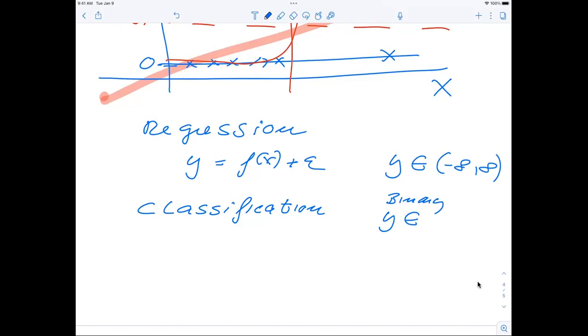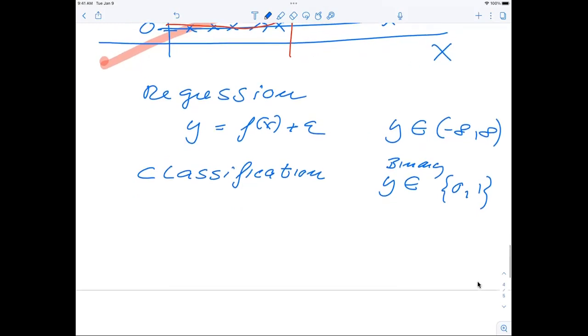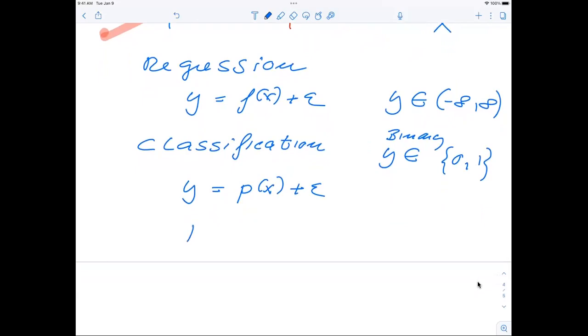We made an assumption about a continuous function describing y. So in this case, with a binary case, we could now say that y takes only these two values, 0 and 1. Then what we would do now is write y equal to p of x plus epsilon, where p of x is now a probability. So p of x lives now between 0 and 1.